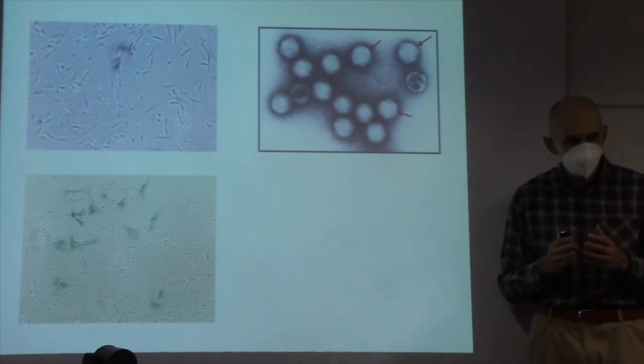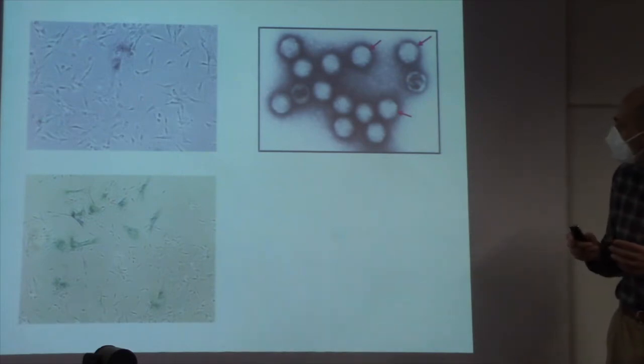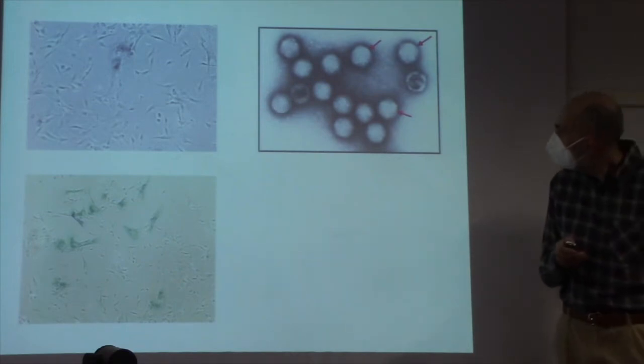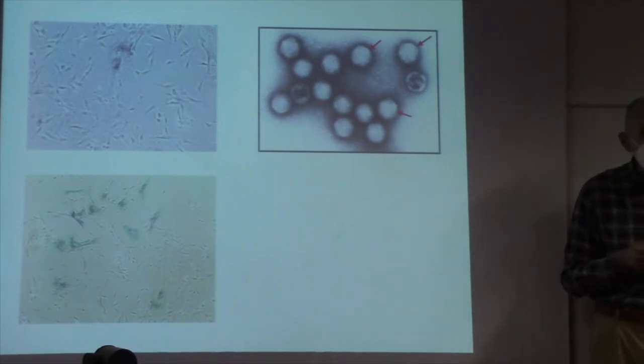infectious virions. For example, I can tell you that in the case of adenoviruses, for each infectious virus produced by the cell, an infected cell typically produces 1,000 infectious viruses.